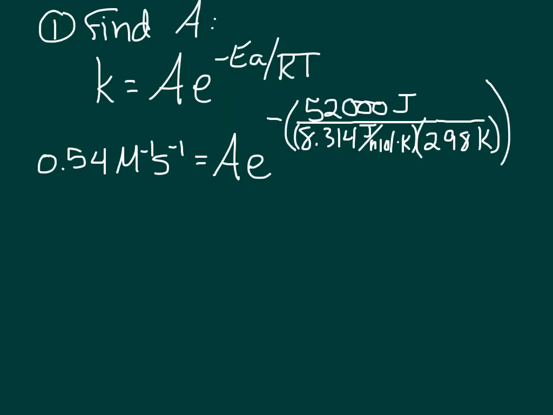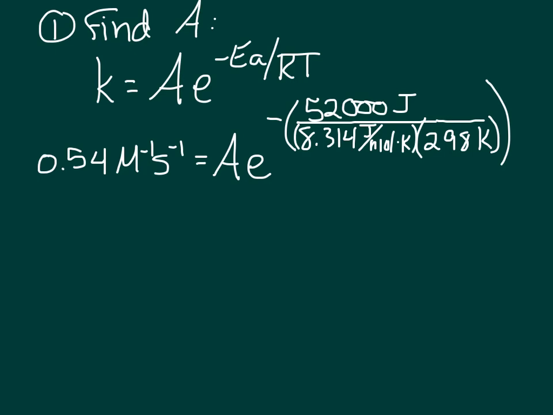So the first step is to calculate the value of A. Using the Arrhenius equation, we can solve for A as long as we know everything else. In the previous example, we found the activation energy, and it was 52,000 joules. From the data we were given, we know k at two different temperatures. R is a constant, so we always know that. So you can choose either of the two temperatures as long as you use the corresponding k.